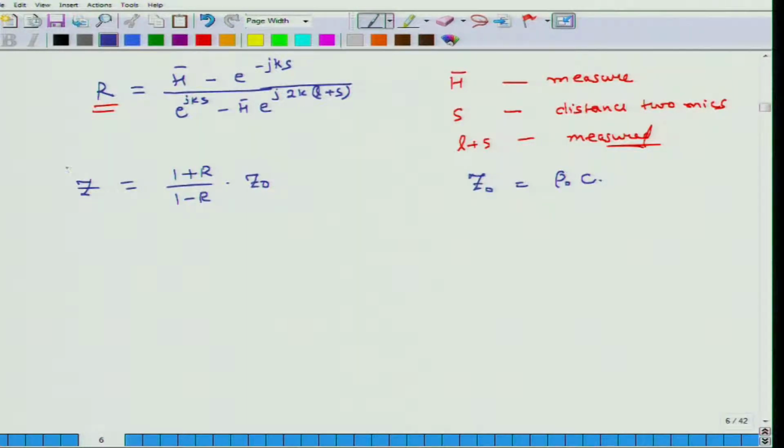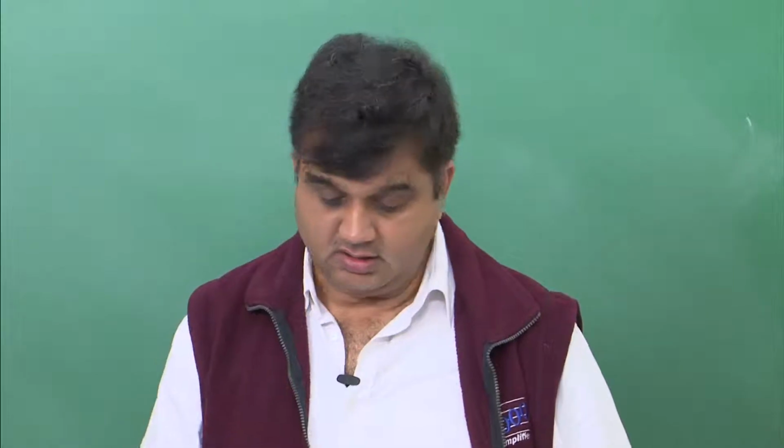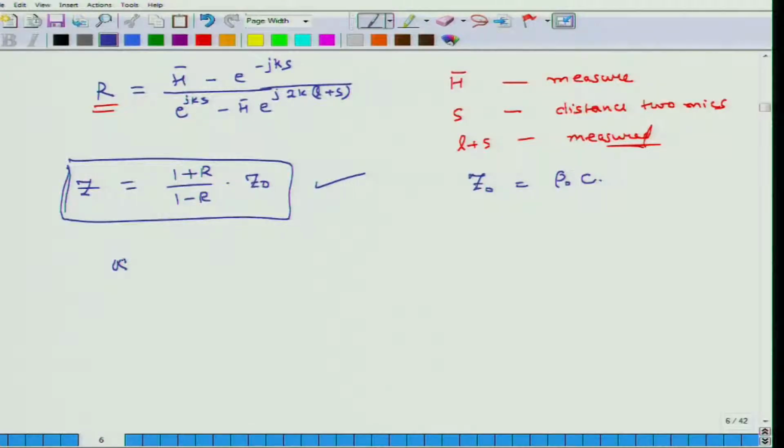So I can calculate the value of Z once I know R, right? So I know how to calculate R. There is one more parameter I can calculate, and that is alpha. This is known as the absorption coefficient.